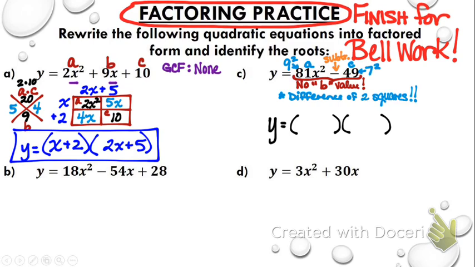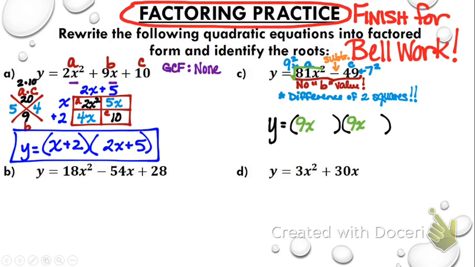What 2 things would you multiply together that are exactly the same to get 81x squared? 9x, yes. Because we would take the square root of this first piece and we'd get 9x and 9x, because if I use my double distribution, 9x times 9x is 81x squared.